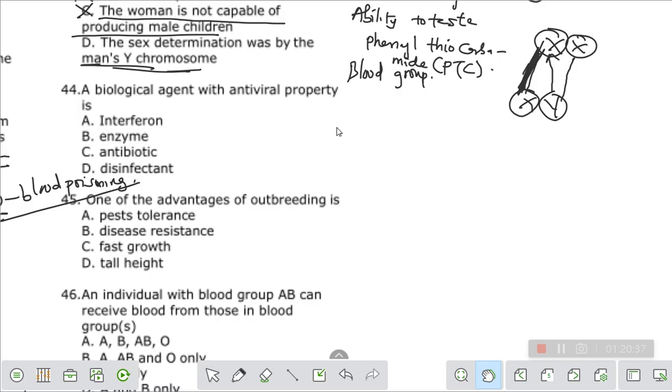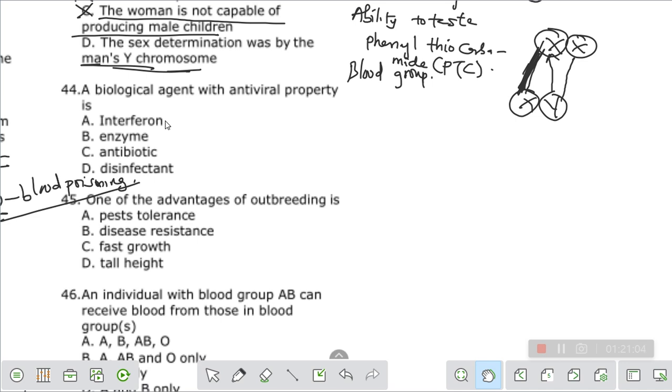Interferons are a family of signaling proteins produced by cells in response to viral or other infections. So interferon is the answer. They are the ones that have antiviral property. I told you we did something like that under immunity in school.